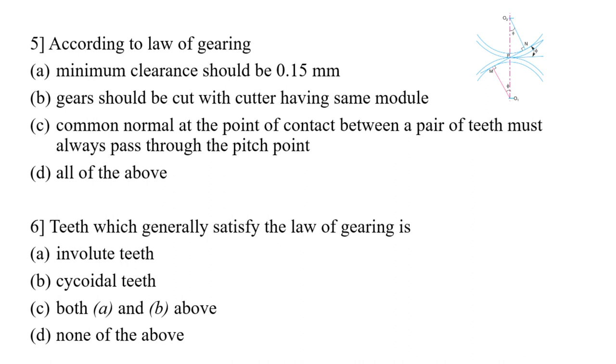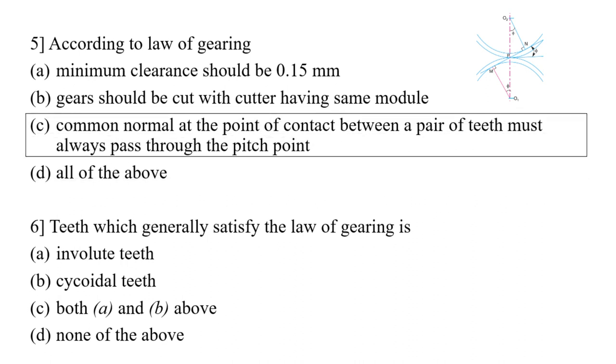In that diagram also you can observe that the common normal Mn has passed through the pitch point. So this is the law of gearing. So C option is correct for this fifth question.